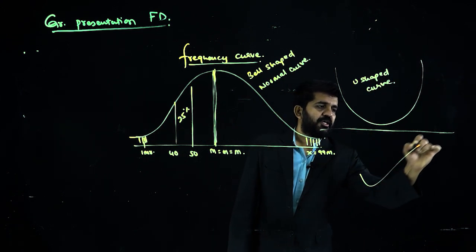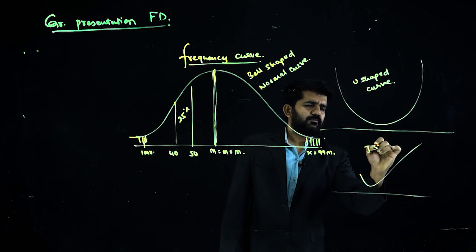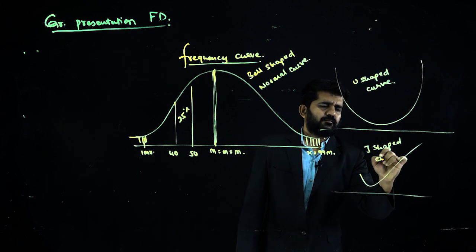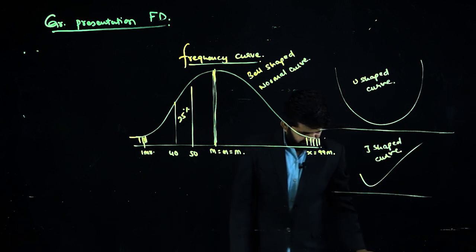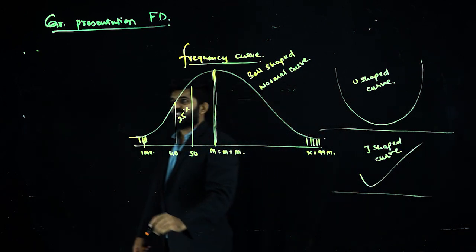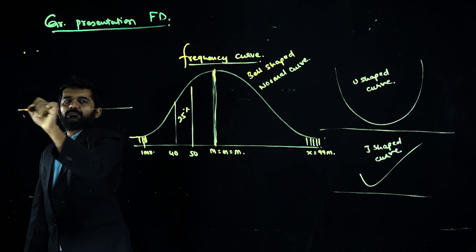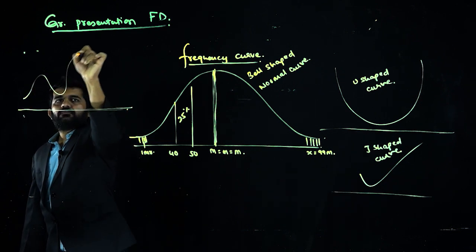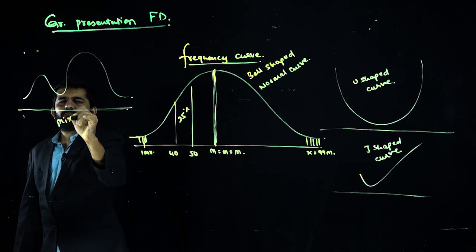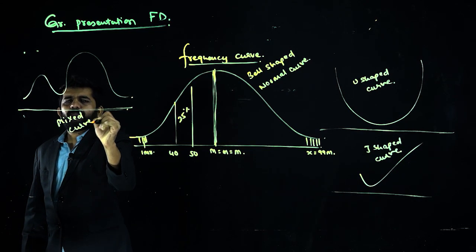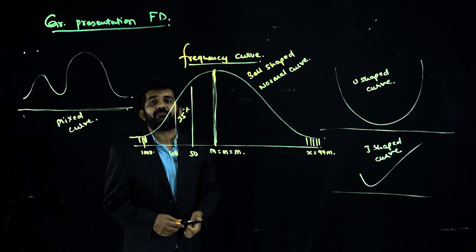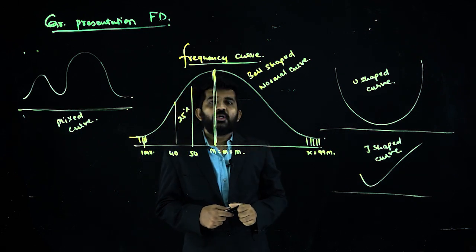It can also be a J-shaped curve. It can also be a mixed curve. And this is how the data can be represented in the form of a curve.